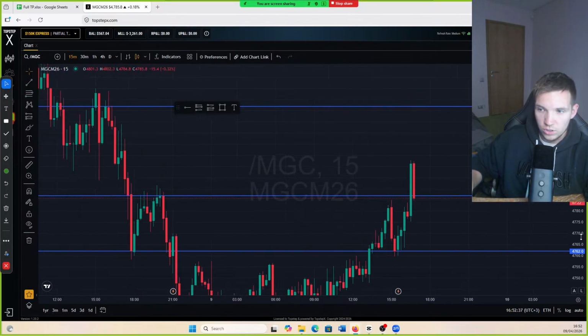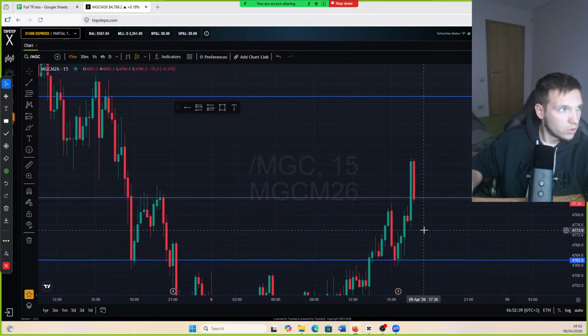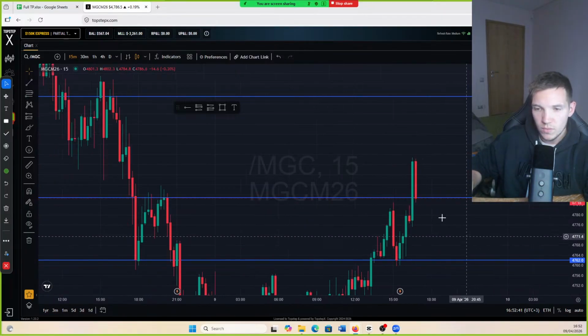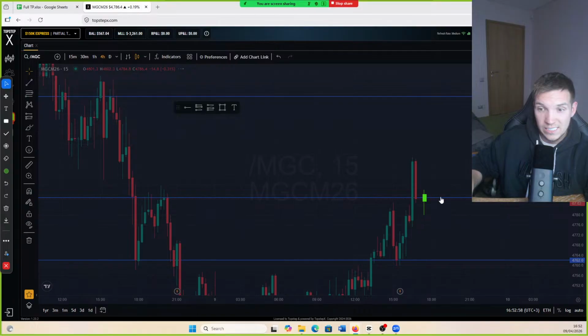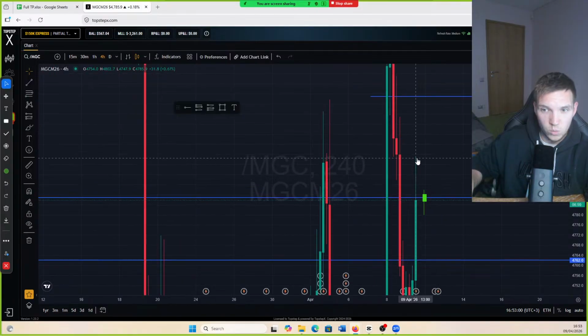Gold is starting to actually set up, which is good. Now we just need this candle to close, next one to create a new support. So if the next one does this, then it means that 4 hour is gonna close bullish and leave us a wick. And this is a big thing.